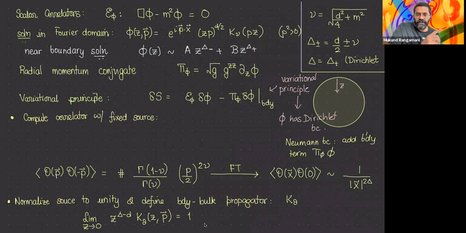So freezing delta pi phi to 0 is the Neumann boundary condition, because Neumann boundary condition basically says fixed normal derivatives. So to obtain the alternate quantization, we need to do this.